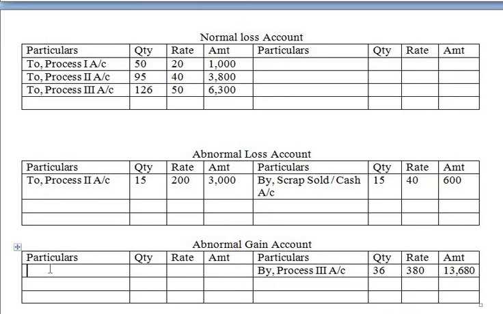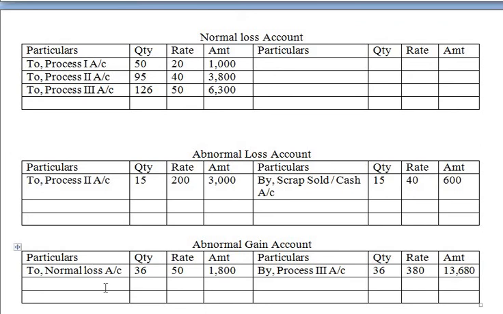Here the realizable value will be of process 3 only. Abnormal gain is 36 units and the realizable value for this is rupees 50. So 1,800 is realized.